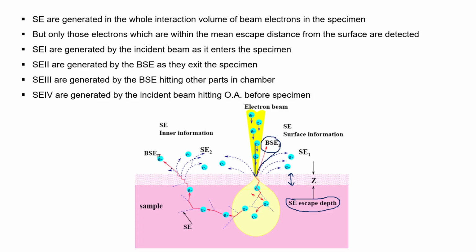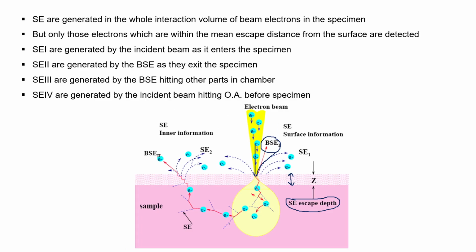So the BSE which is coming out can also produce some secondary electrons. These secondary electrons generated by the back secondary electrons as they exit the specimen are the SE2 electrons, and SE3 are the ones generated by the back secondary electrons hitting other parts in the chamber.